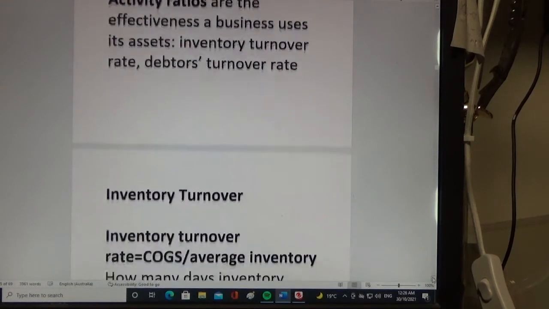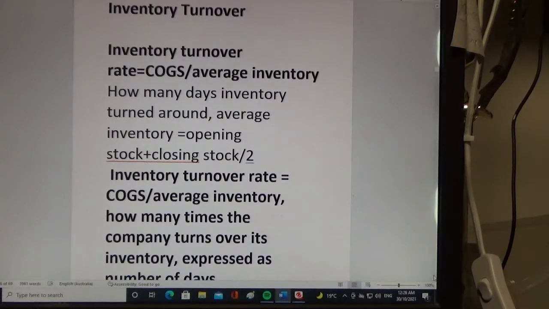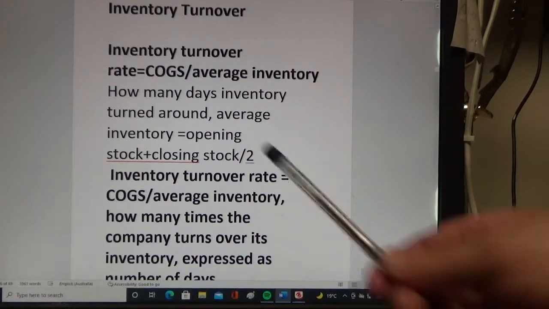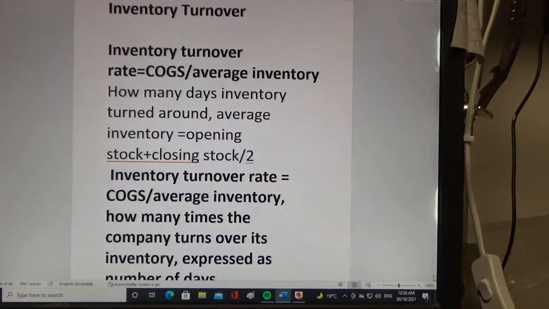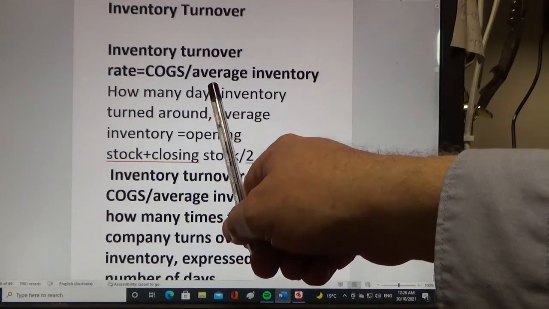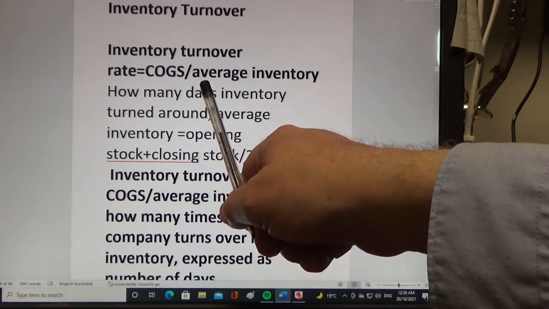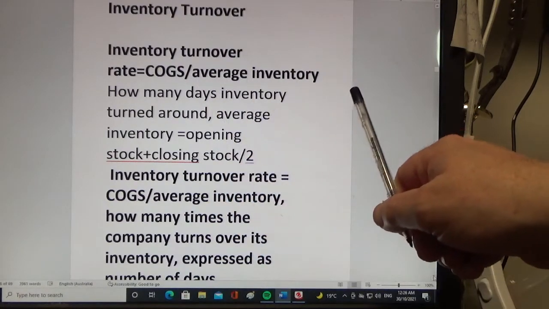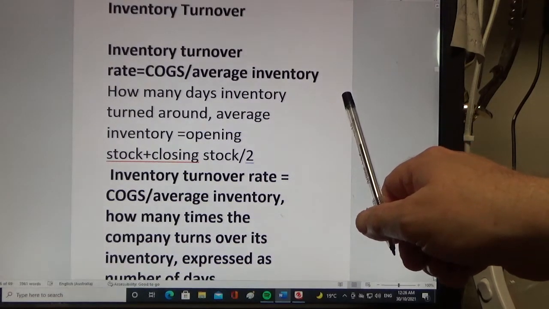So let's just go to inventory turnover. Inventory turnover is defined as COGS divided by average inventory. Now what we mean by average inventory, you've got inventory at the start of the period, say the March quarter, January the 1st, and you've got a closing balance of inventory March the 31st.